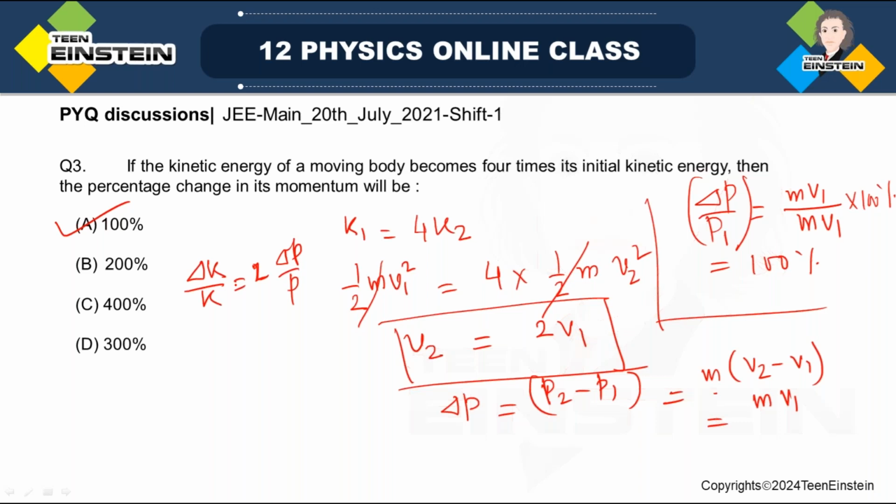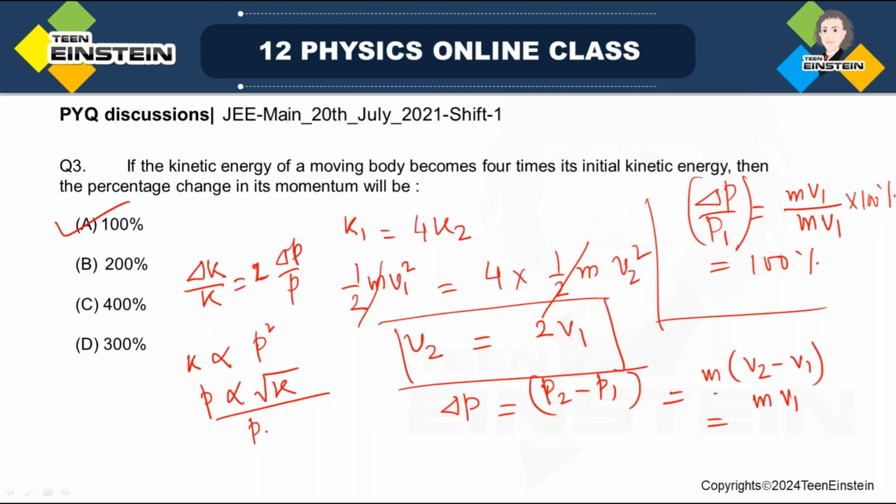K is proportional to p square. If the kinetic energy changes by 4 times, then p must change by the square root of this. 4 means 2 times.